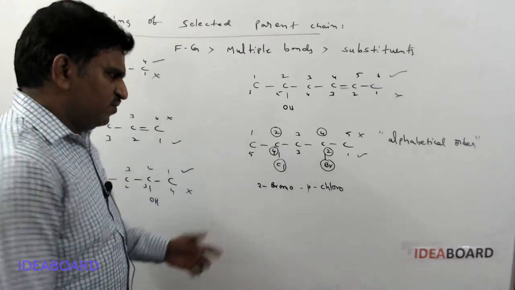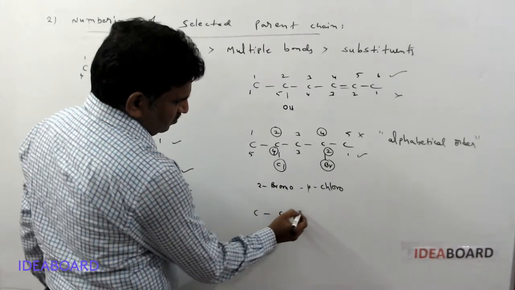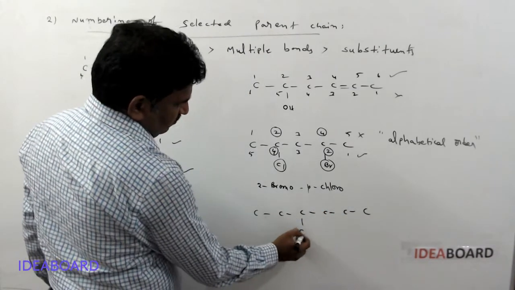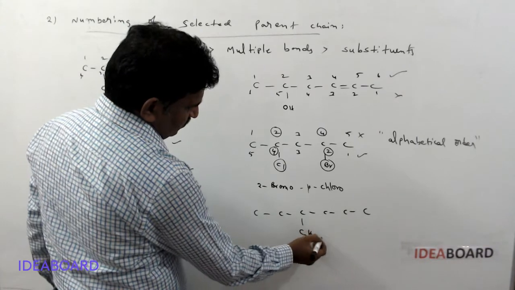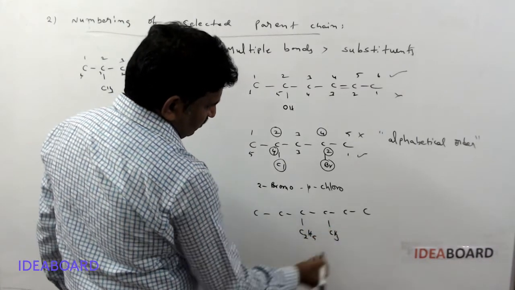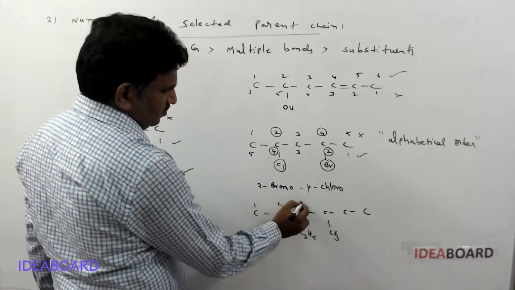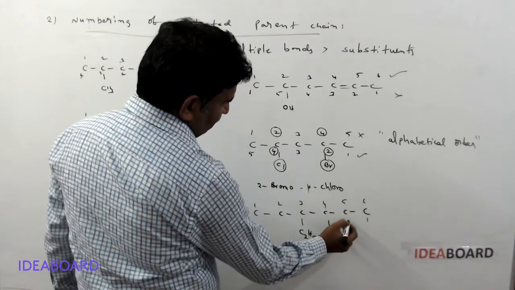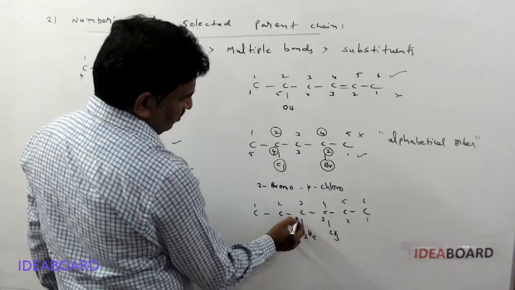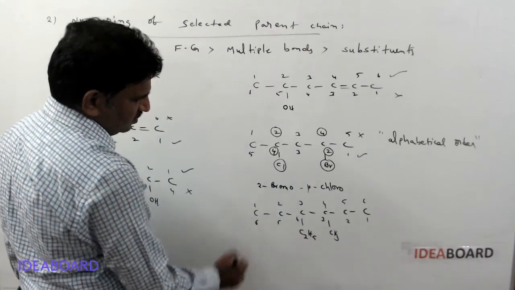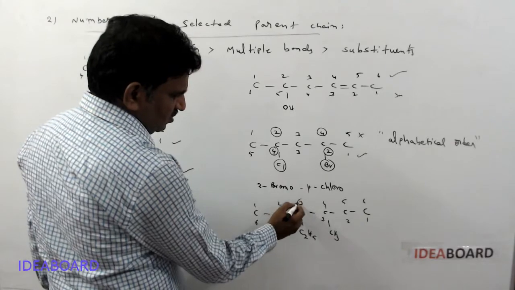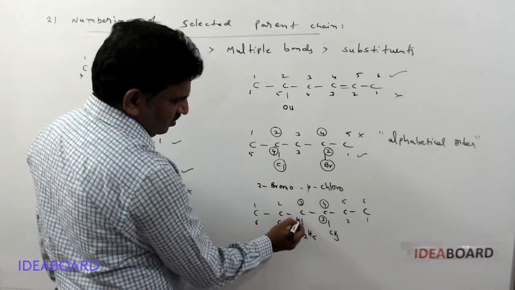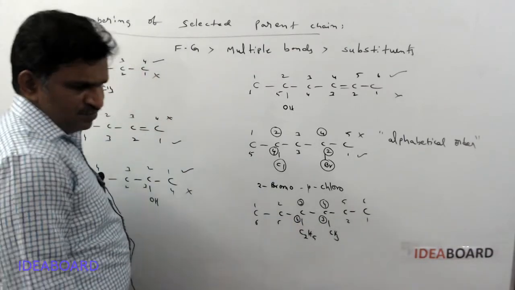Okay. Even if you have, suppose, 1, 2, 3, 4, 5, 6, here we have an ethyl group C2H5 and here we have a methyl group. From this side it is 1, 2, 3, 4, 5, 6. So this gets 3, 4 from left to right, and here it again gets 3, 4 from right to left. Same numbers.